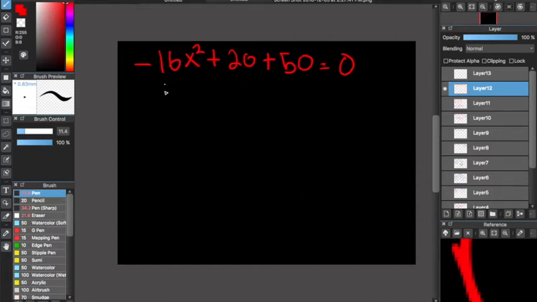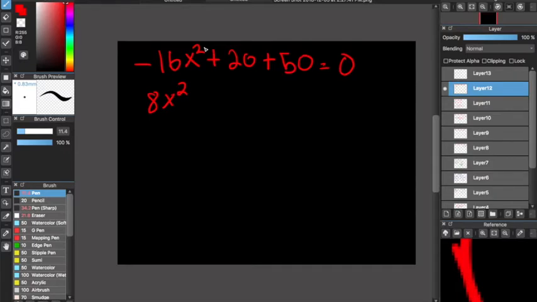So I'm assuming h is the height, so h equals 0. Then to make it easier, I'm going to change the t to x, so it's easier for you to understand. So first, we have to divide all of them by minus 2. So minus 16x squared divided by minus 2 is 8x squared.